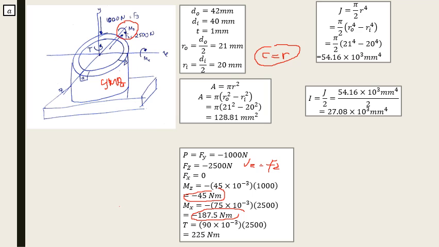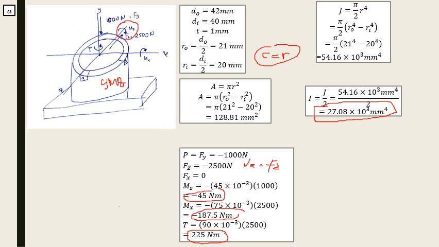Then the torque is the distance times the load, and this becomes 225 Newton meter. And I forgot to mention that I is half of J. I is equal to J over 2. Then this is what I becomes.